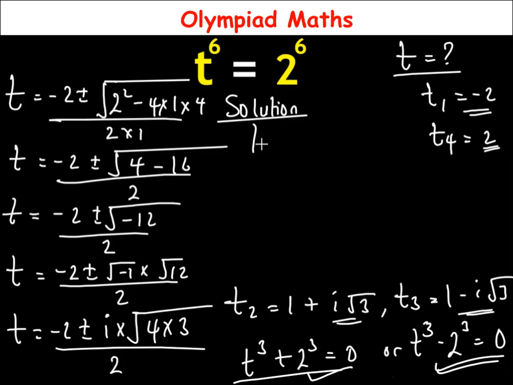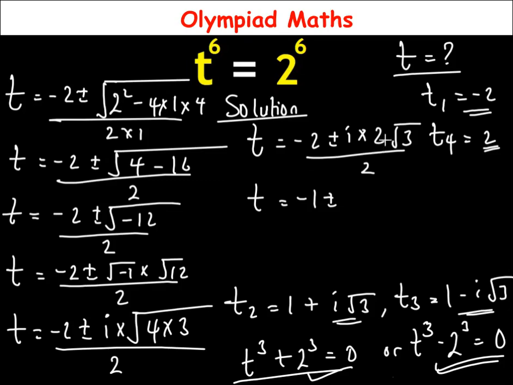So with this, t is equal to minus 2 plus or minus i times the square root of 4, which is 2, times root 3, all over 2. Dividing by 2, we have t is equal to minus 1 plus or minus i root 3. So from here, we get the other values of t.